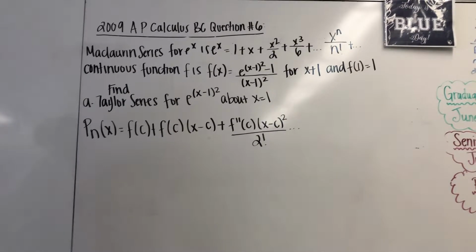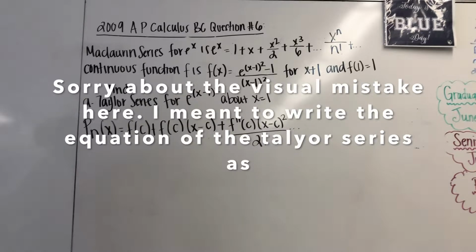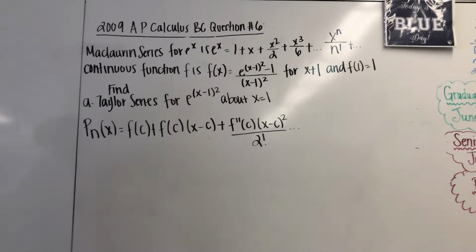In order to find the Taylor series for e to the (x minus 1) squared about x equals 1, we have to use the Taylor series equation, which is p sub n of x equals f of c plus f prime of c times x minus c plus f double prime of c times (x minus c) squared over 2 factorial.